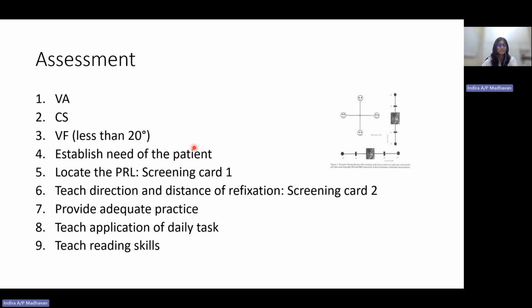But there will be a struggle for certain patients like kids or elderly patients to follow this instruction, because it needs a lot of time. Another one is that high motivation is much needed, because it's going to be very tiring. As I mentioned, it's only 2 minutes of exercise, not more than that. So that will also affect the success of the eccentric viewing training.